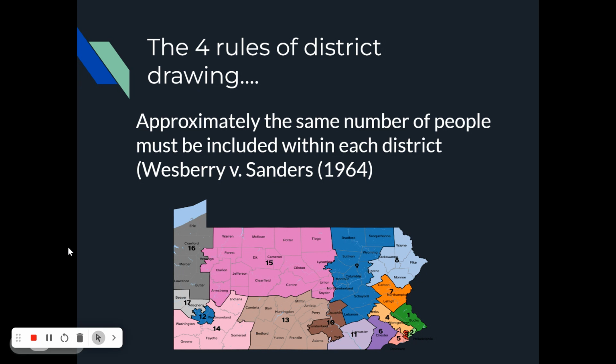Some of the districts are bigger than others. District 15 is enormous. Districts 2 and 3 down here are super tiny. District 12 is tiny, but they all have the same number of people. Just when you get out to the middle of the state, it becomes more rural, so you have to go further out to capture what today is about 764,000 people. So one of the rules is that you have to have the same number of people in each district. And today that's about 764,000.